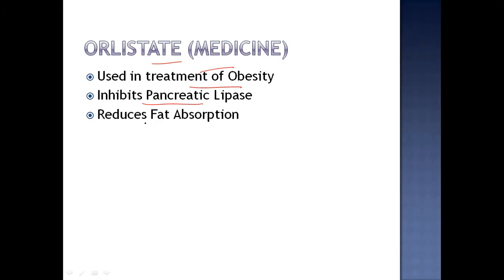So if there is low action of pancreatic lipase or no action, then fat will remain undigested, and it will not be absorbed, because we absorb the digested product of the triacylglycerol. If TG is not getting broken down, then this undigested TG is released, mainly in the stools, and gives rise to steatorrhea.